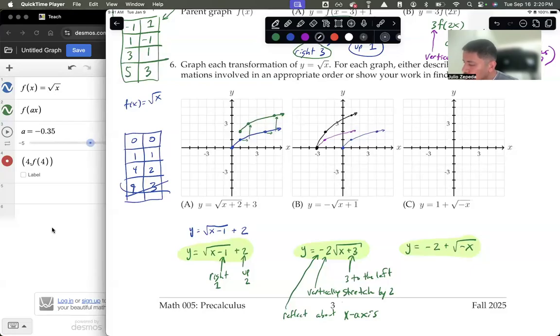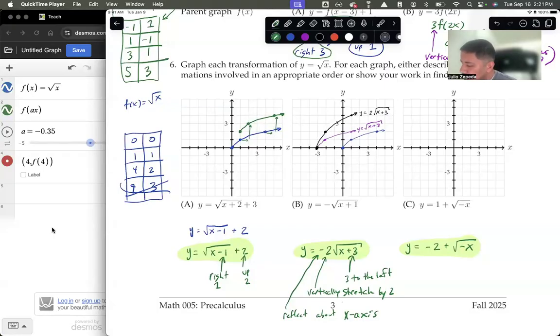And I can actually write the function, I guess, if I want to. This is y equals 2 square root of x plus 3 in black. In purple, I graphed y equals just the square root of x plus 3, just shifted to the left. So I'm applying one transformation at a time. And then finally, the negative, that is going to go in green because this is my final graph.